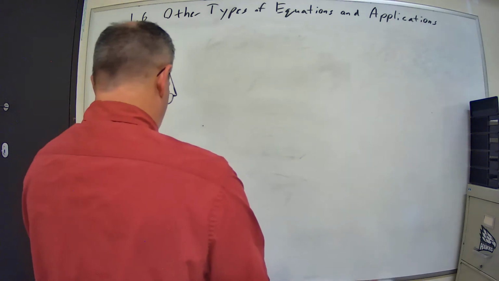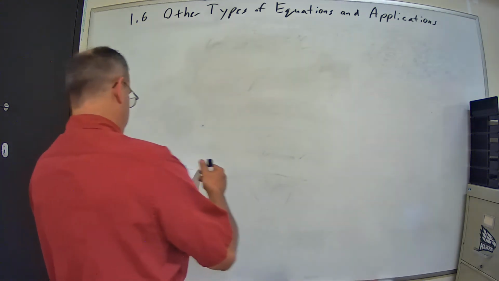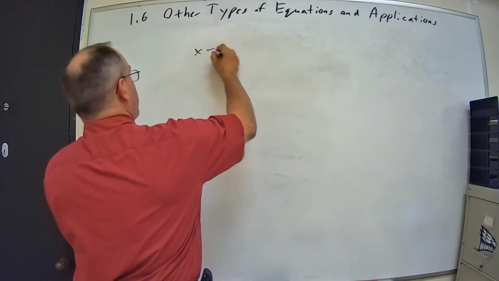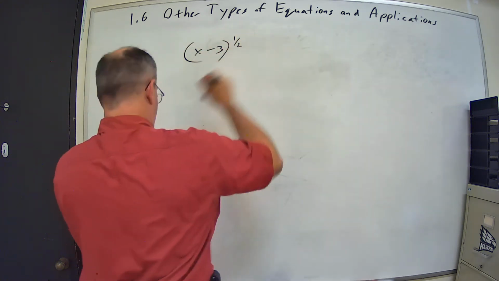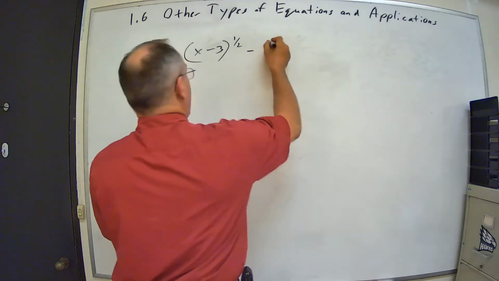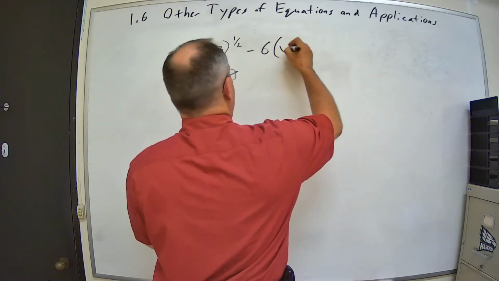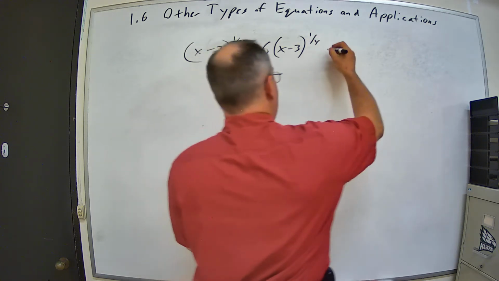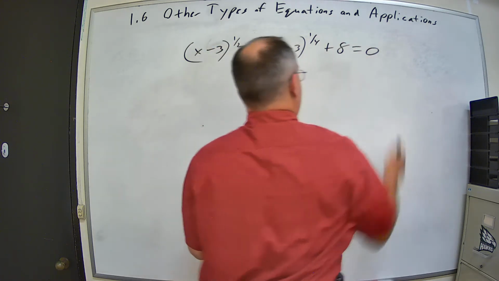But let's say we have (x - 3)^(1/2) - 6(x - 3)^(1/4) + 8 = 0.